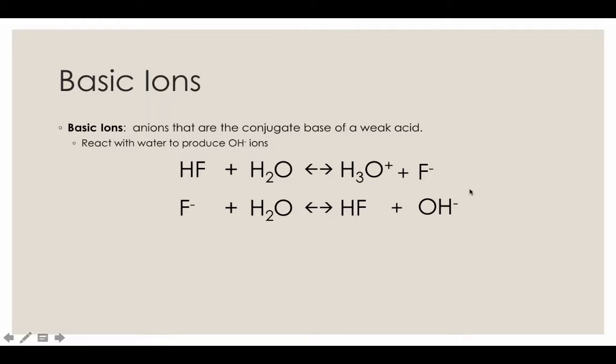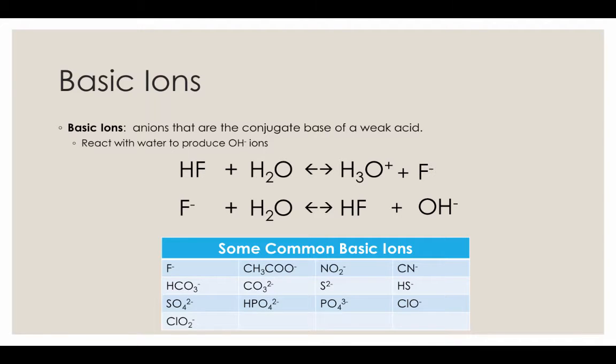This increase in OH- concentration will cause the solution to be basic. Here's a list of some common basic ions. Notice that each of these ions is the conjugate base of a weak acid. Likewise, any salt that contains any of these ions will produce a slightly basic solution.